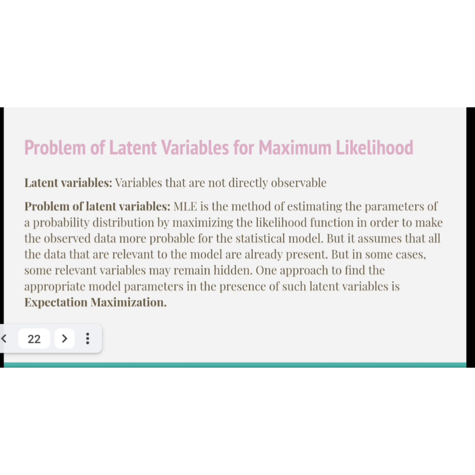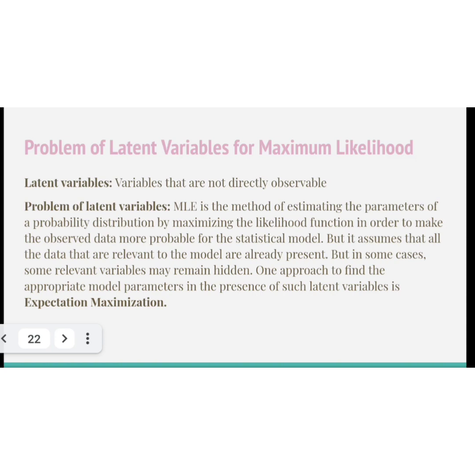Now you all may be familiar with the maximum likelihood estimation. Well, it has some limitations. That is, it assumes that all the data and variables that are relevant to the model are already present in the given data. But sometimes that may not be the case. That means sometimes some relevant variables may be missing.